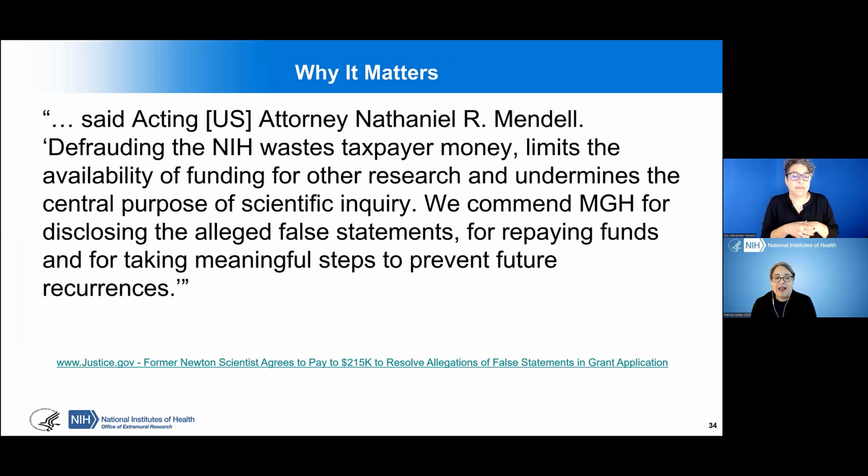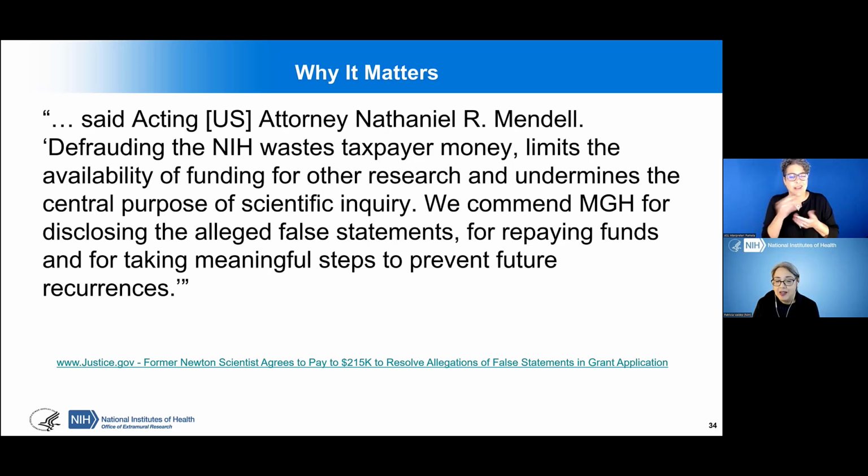So why does this matter? The announcement from DOJ went on to say, from acting U.S. Attorney Nathaniel R. Mendell, defrauding the NIH wastes taxpayer money, limits the availability of funding for other research, and undermines the central purpose of scientific inquiry.